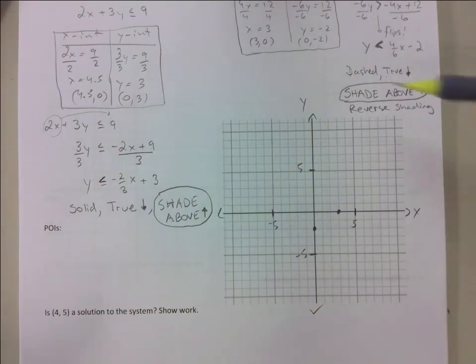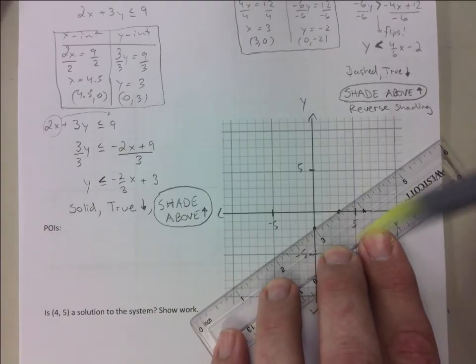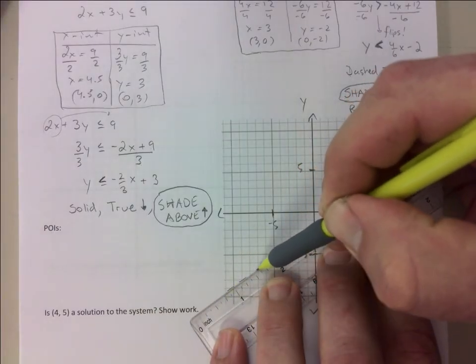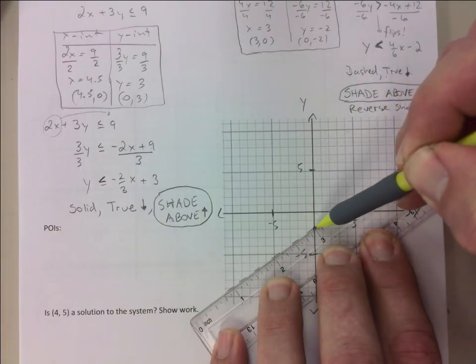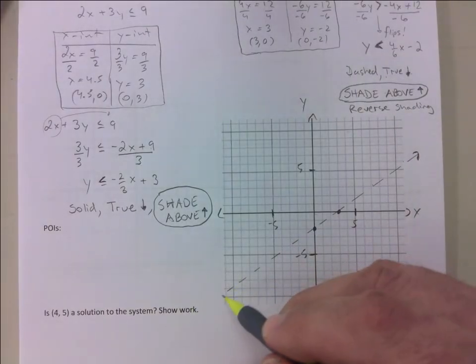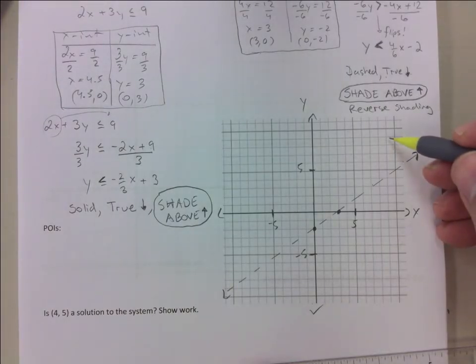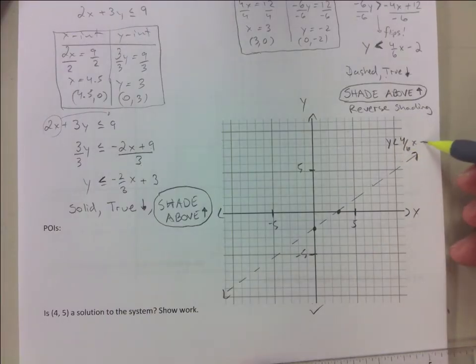And look at the legend here. I said dashed. I'm going to shade above. So let's go ahead and do that. This is y is less than 4 over 6x minus 2.